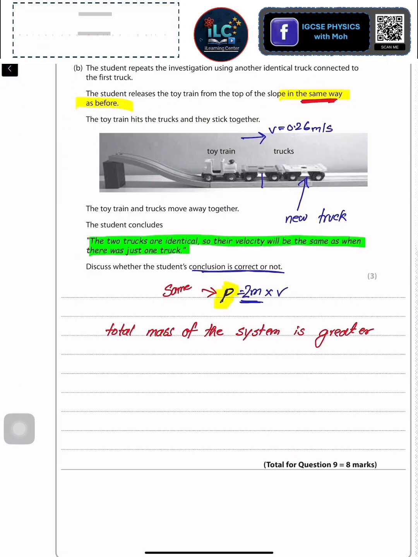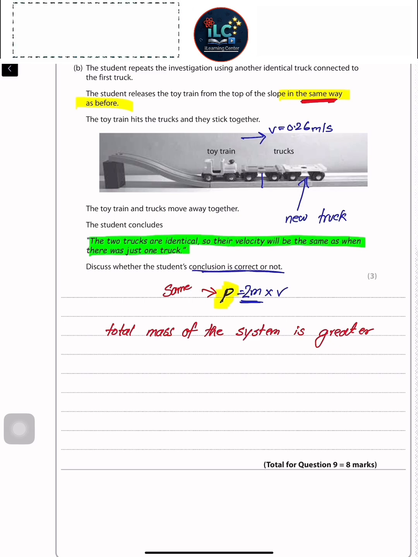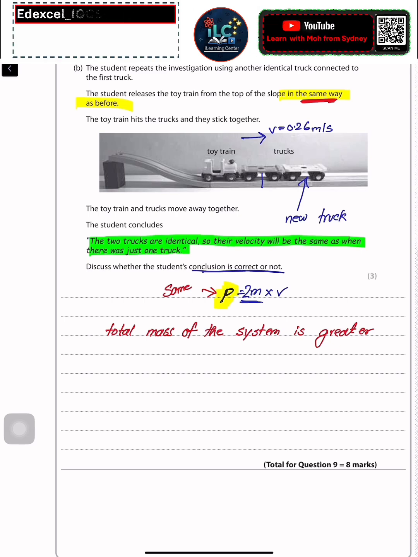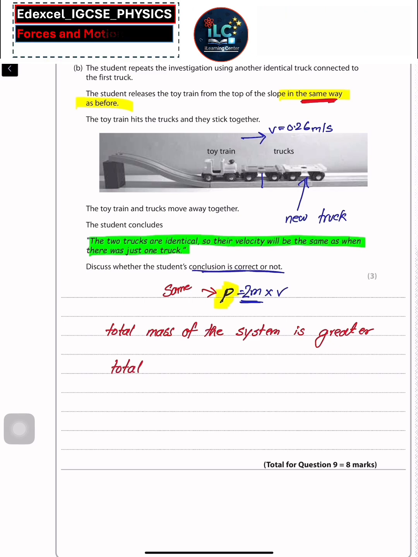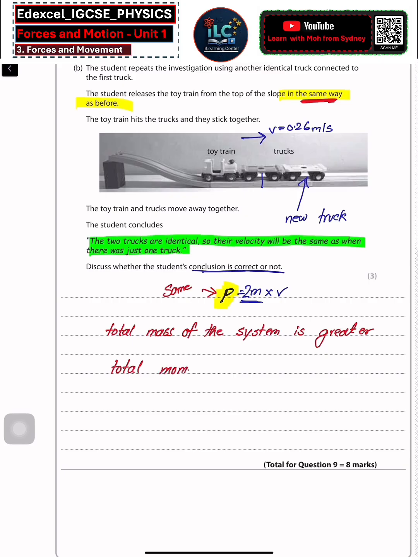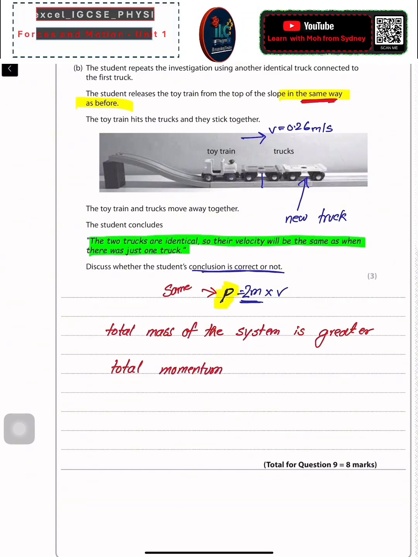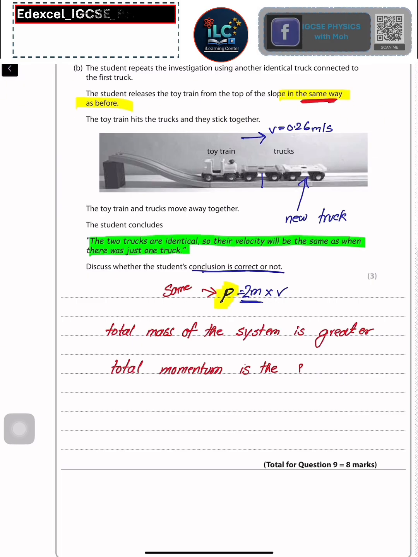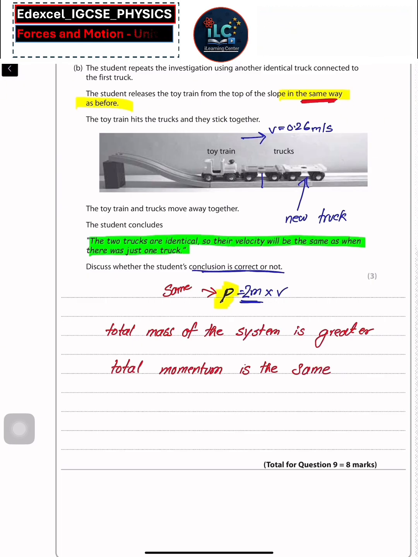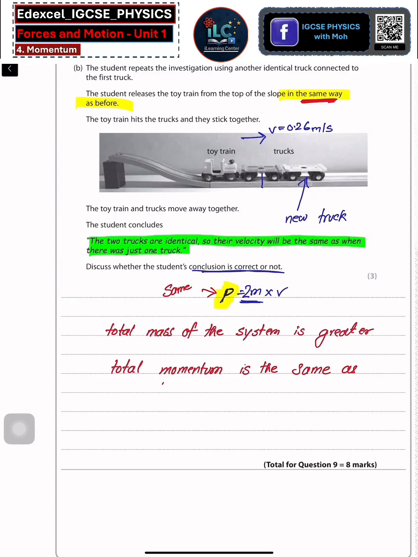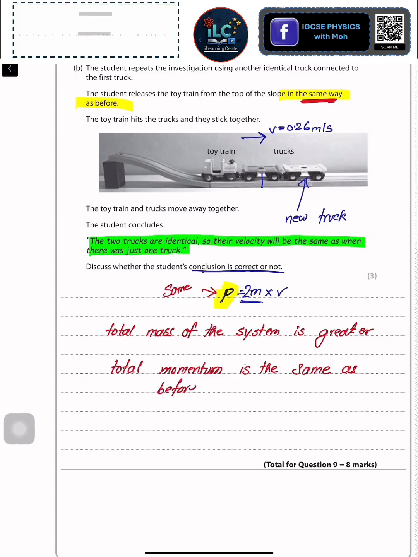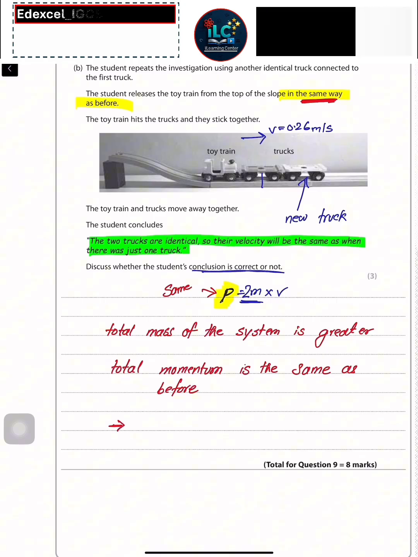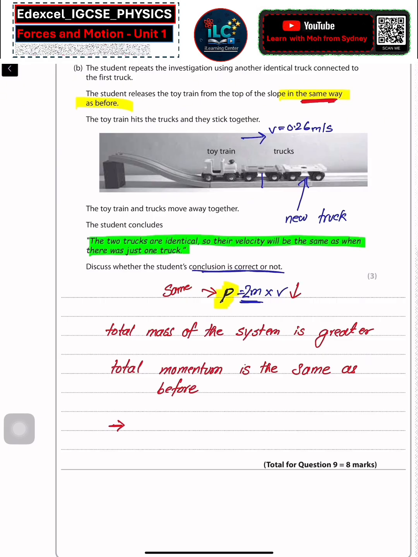That means your mass hasn't changed, your velocity hasn't changed. So the total momentum is the same as before. And so the third one, we will definitely say the velocity will go down just because you have to balance it.